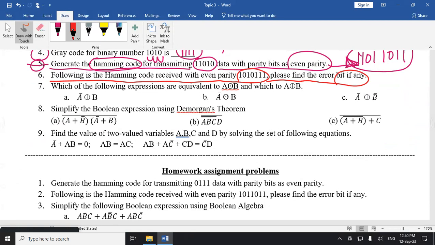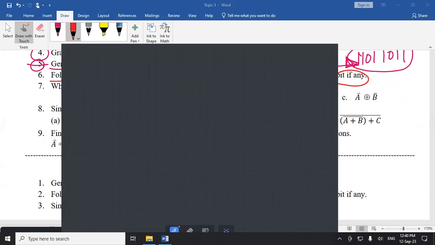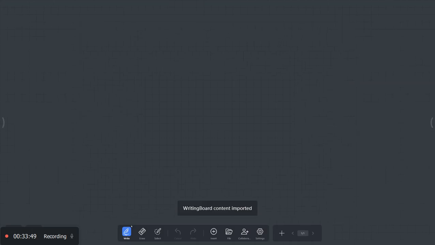Now I told you in my last class, I will explain once again how to check the error. Take down this: 1010111. The received message is 1010111. Now can you tell me what this is according to your Hamming code?